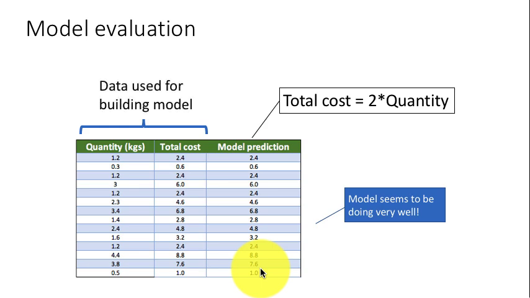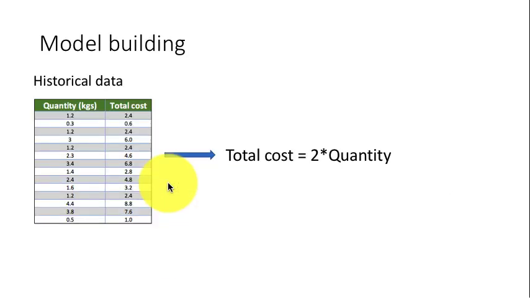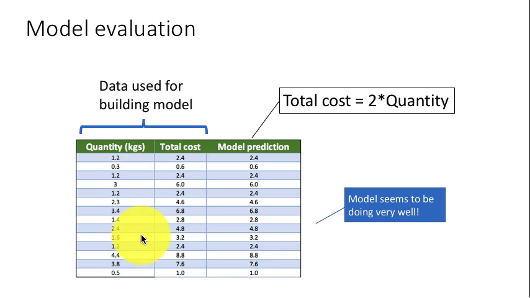Well, one thing you could do is to check the model. This is the model, this is the data, the same data as before, and this was the total cost. We found the model based on this. Now we apply the model once again to the quantity and calculate the total cost using our model.